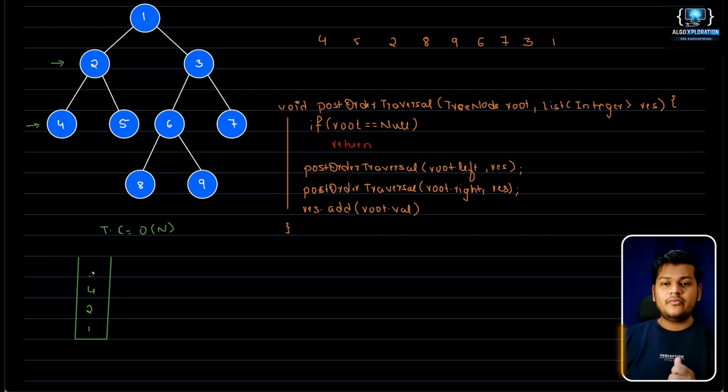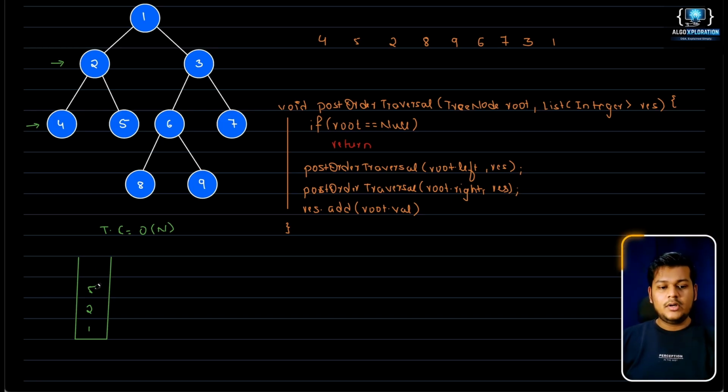Now once 4 has been processed or printed, we will pop it. Now this place is taken by the sibling of 4, which is 5. All right, now take a look at the stack size. Right now it is only 3.